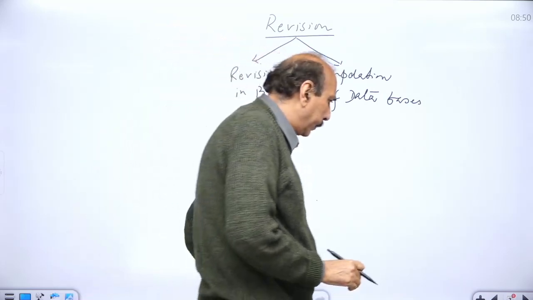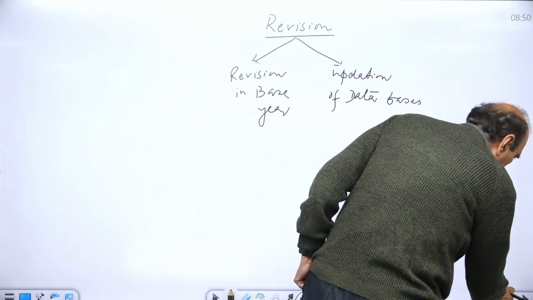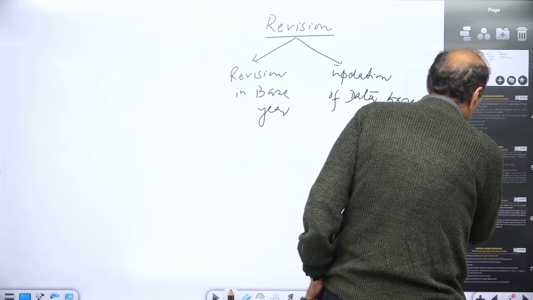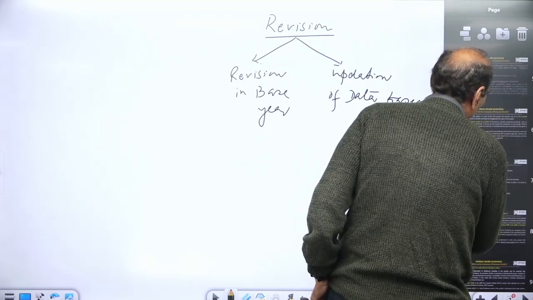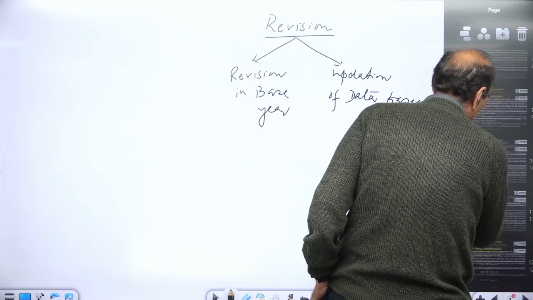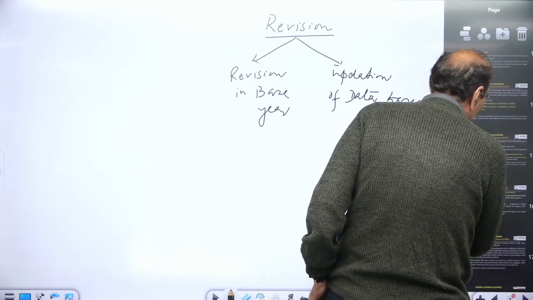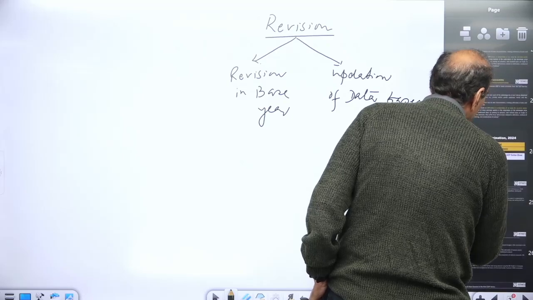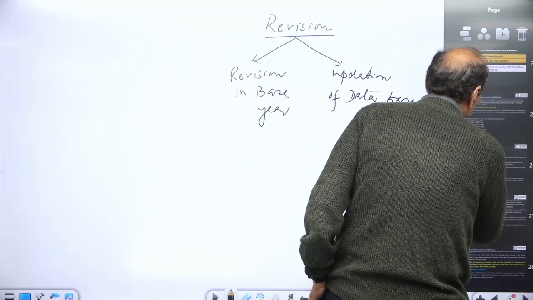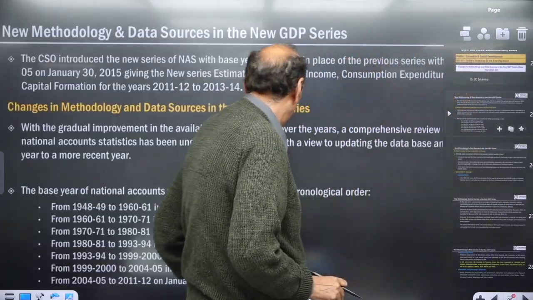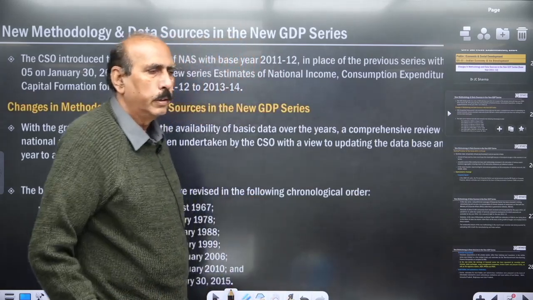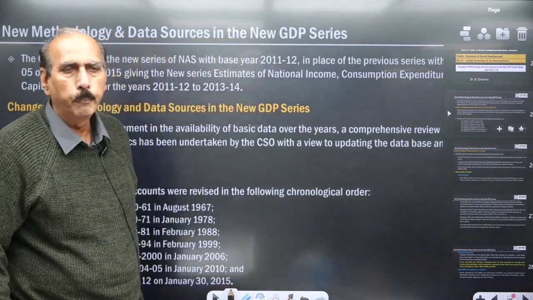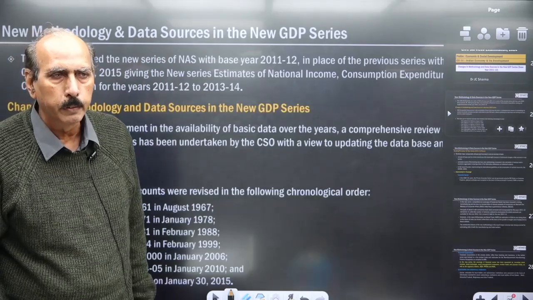And if you look at the PPT, you will see that we revised the GDP many times in the past. You see this slide, we have revised the GDP right from 48-49 many times till 15, and we have changed the base year.